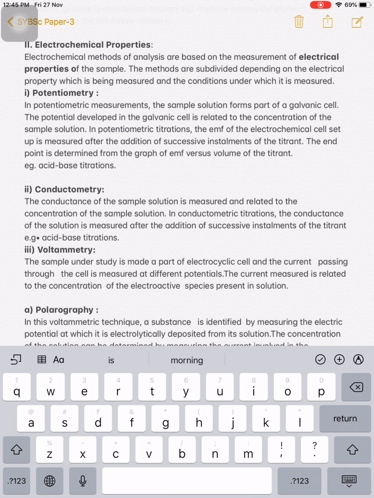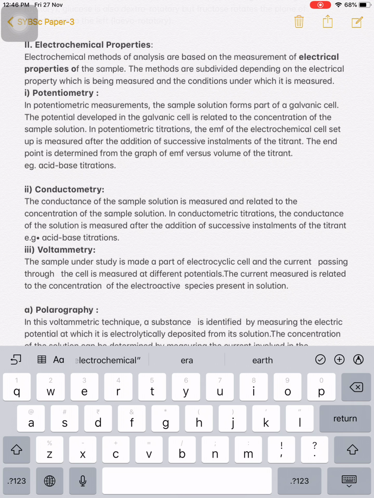In potentiometric titration, the EMF of the electrochemical cell setup is measured after the addition of successive installments of the titrant. The endpoint is determined from the graph of EMF versus volume of titrant added.